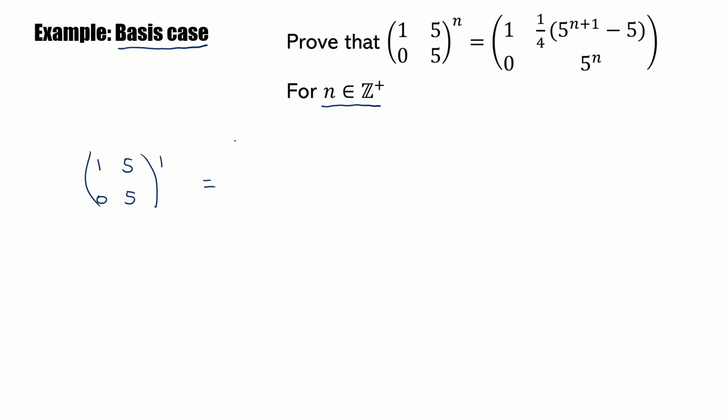By definition, a power of 1 does nothing to anything, so it keeps it exactly the same. What happens if we do the right-hand side with n equals 1 plugged in? Well, we'd get 1/4 lots of 5 to the power of 1 plus 1 minus 5, then 0, and then 5 to the power of 1.